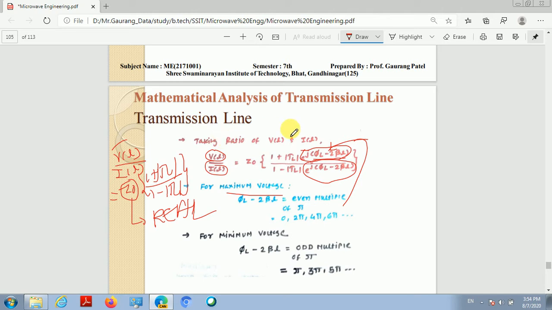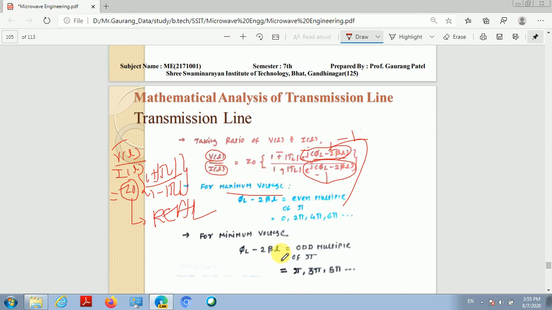Similarly, when the voltage is minimum, or this phase is an odd multiple of pi, then this exponential term will become -1, so voltage will be minimum. This other term also becomes -1, and this term will become +1, so at that location current is maximum.